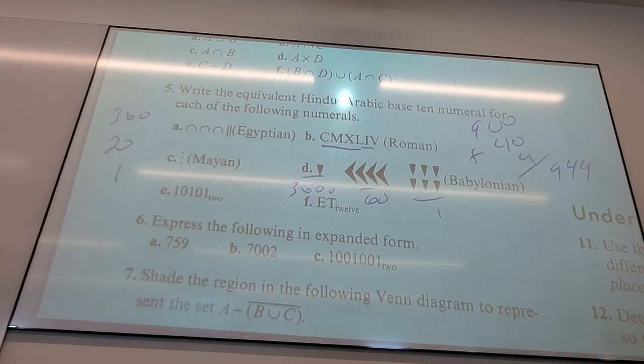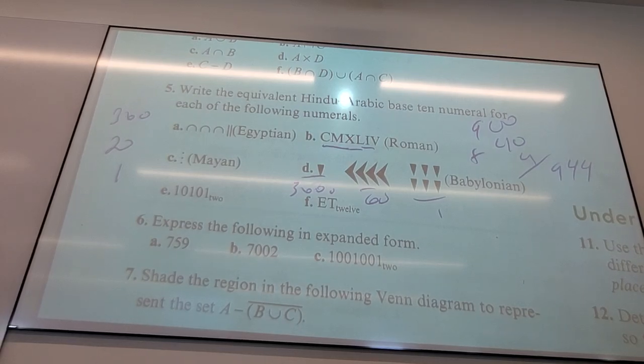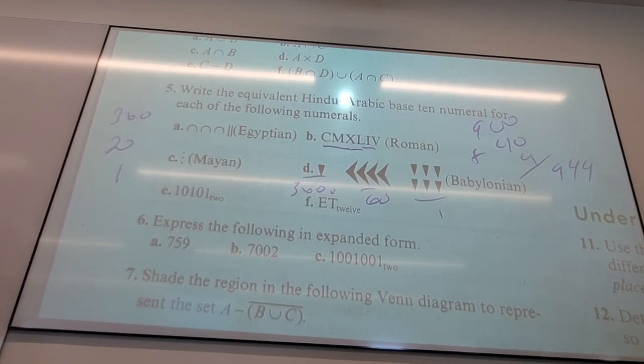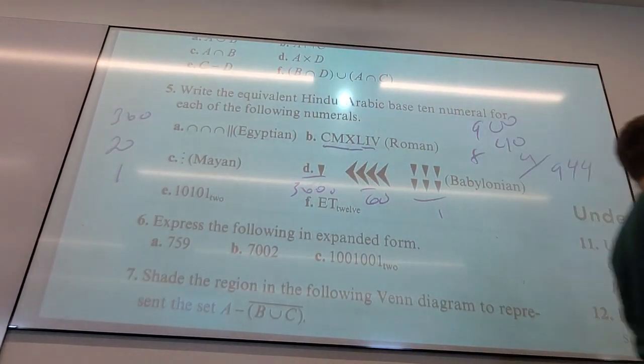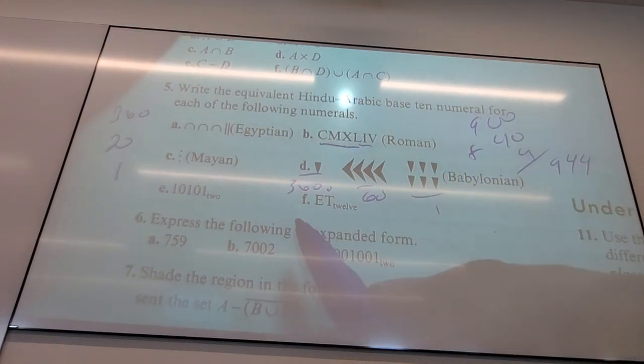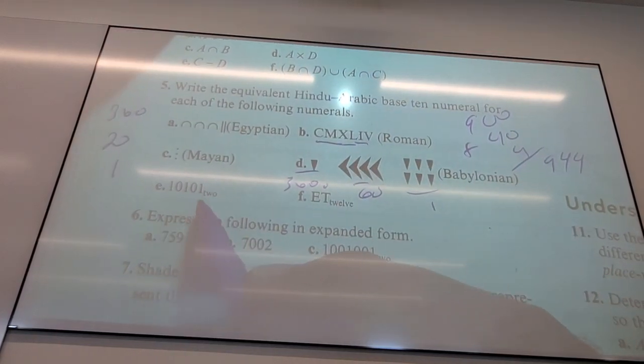Okay. What about part E and F? Now F is a good example of the book being silly. They use E for 11 and T for 10. That's really stupid. We're going to use A, B, C. You with me? So look at part E. How do I tell how big each place is?